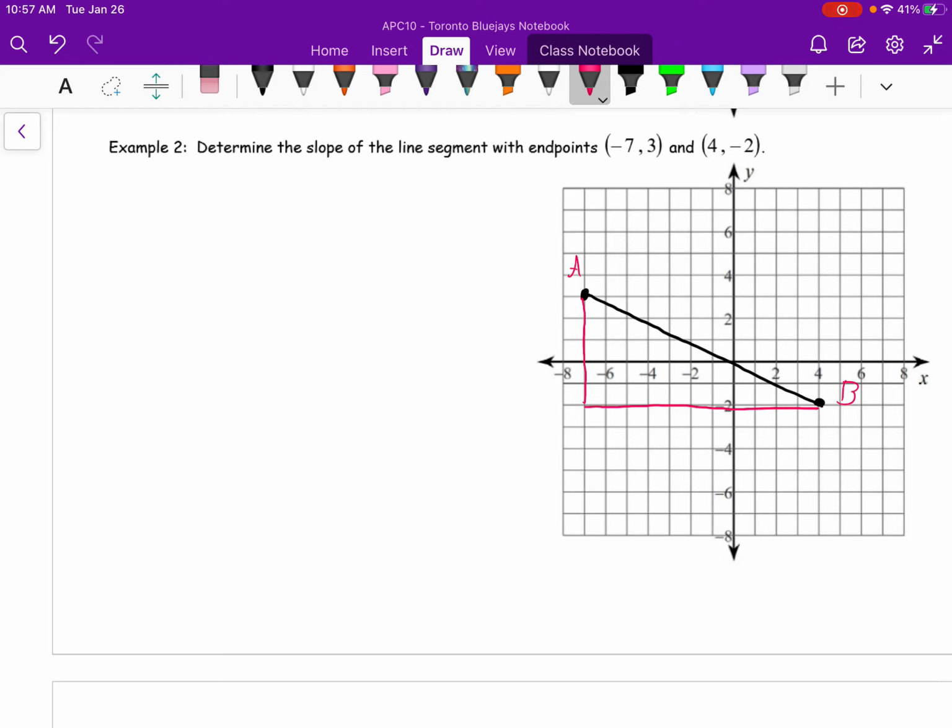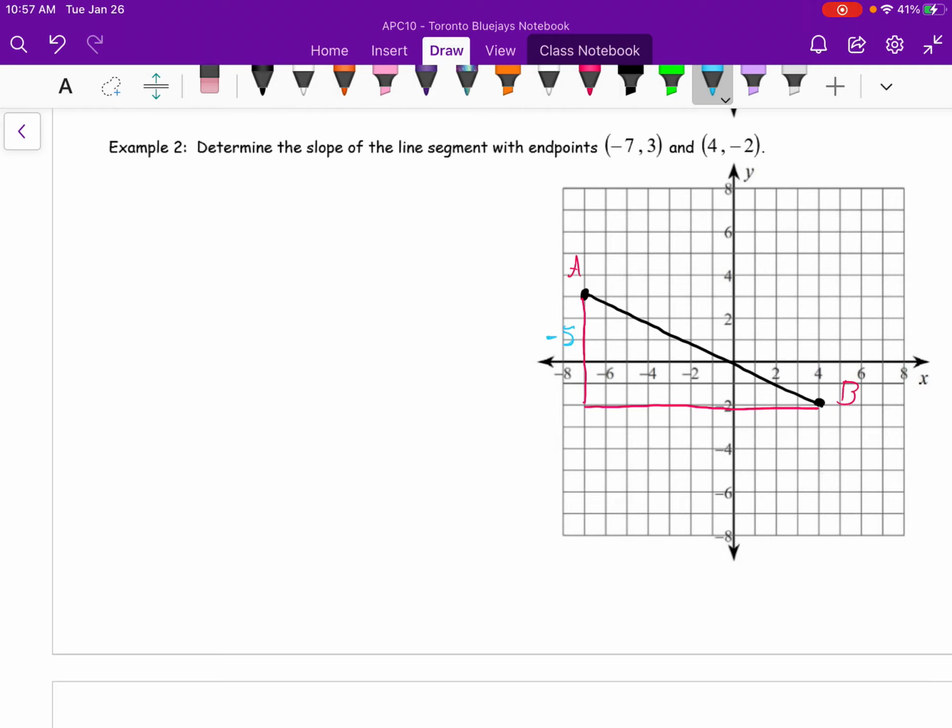First thing I'm going to do is I'm going to make the legs. The next thing I'm going to do is I'm going to identify the change, the vertical change. And what I'm going to say as I move from A to B, well, we go from 3 to -2.